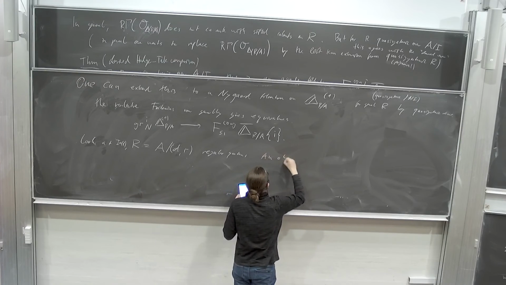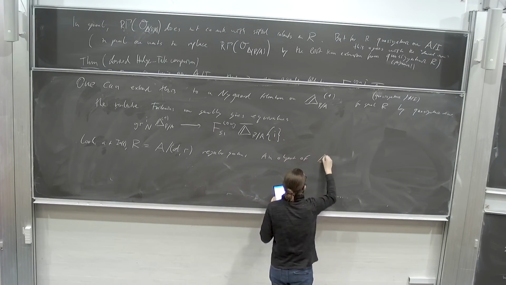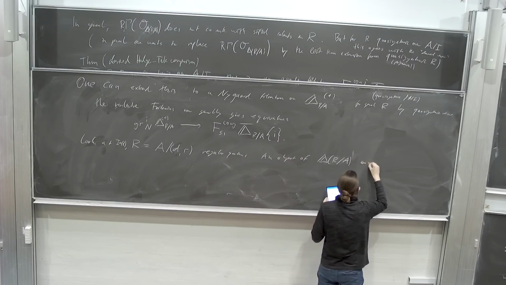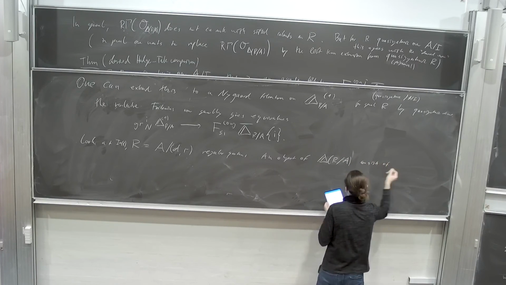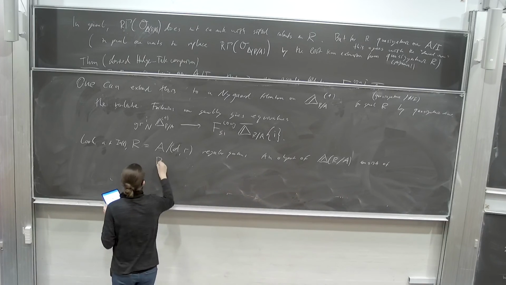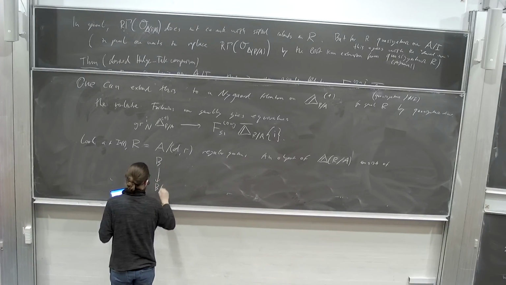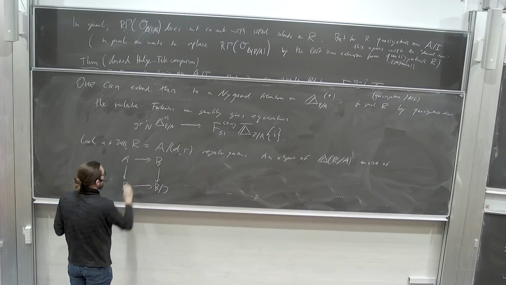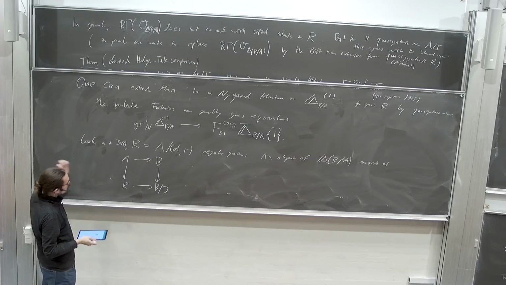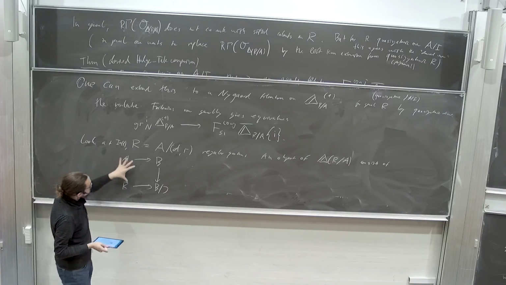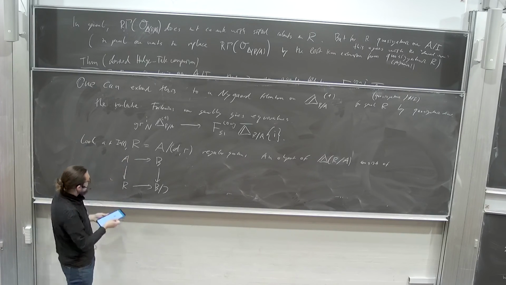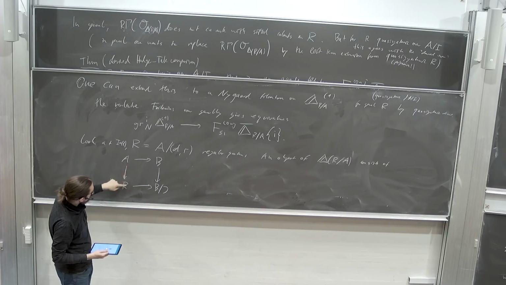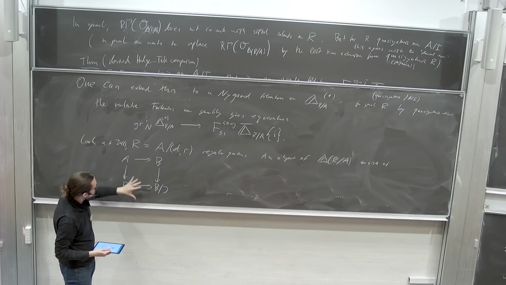So an object of the prismatic site consists of a prism B, J and a diagram like this. Now think about it: what does it mean to have such a diagram? This map here is just surjective, right? So it's not extra data to have this map, it's really just a condition.